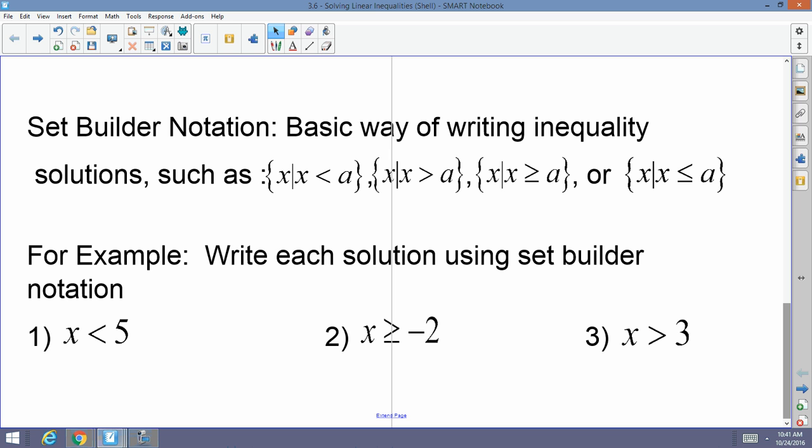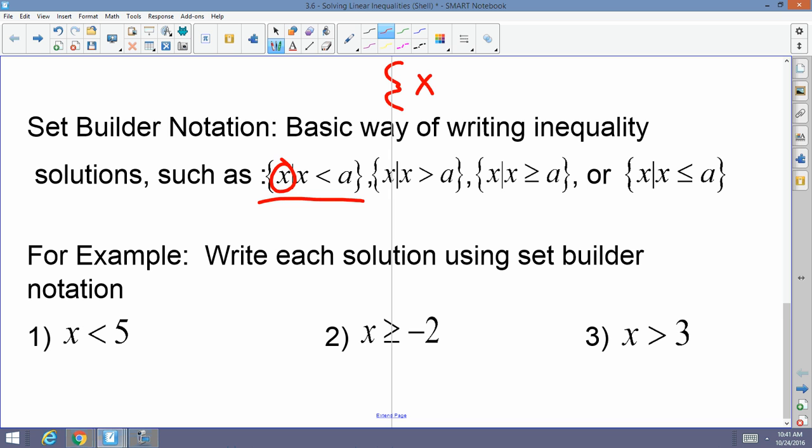When we're talking about set builder notation for inequalities, this is the basic way of writing an inequality, and the way it works is as such. You've got these little braces. I'm not looking for art, but those are braces. Then you have this variable here. That is the variable in question.